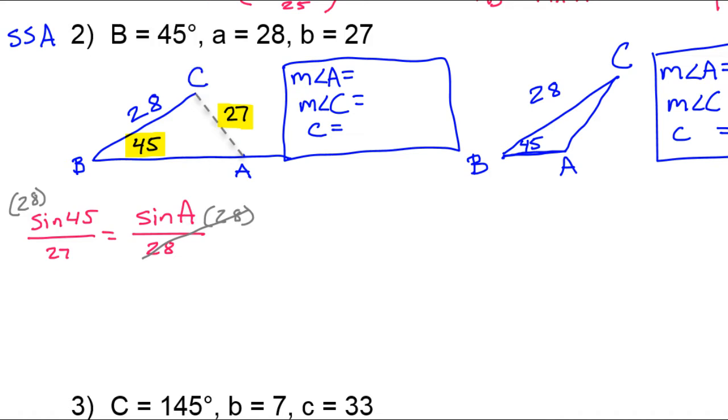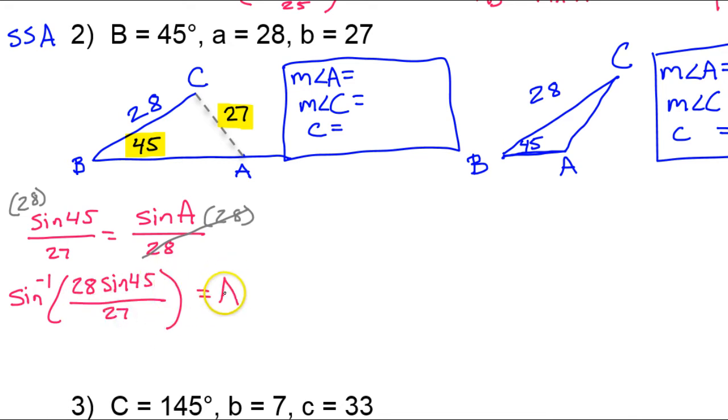If I want angle A, then I'm going to have to do the inverse sine, and that will give me the angle out. So I need to do the inverse sine of all of this, including the 28. So I'm going to do the inverse sine of 28 sine 45 all over 27. And that should give me the measure of angle A.